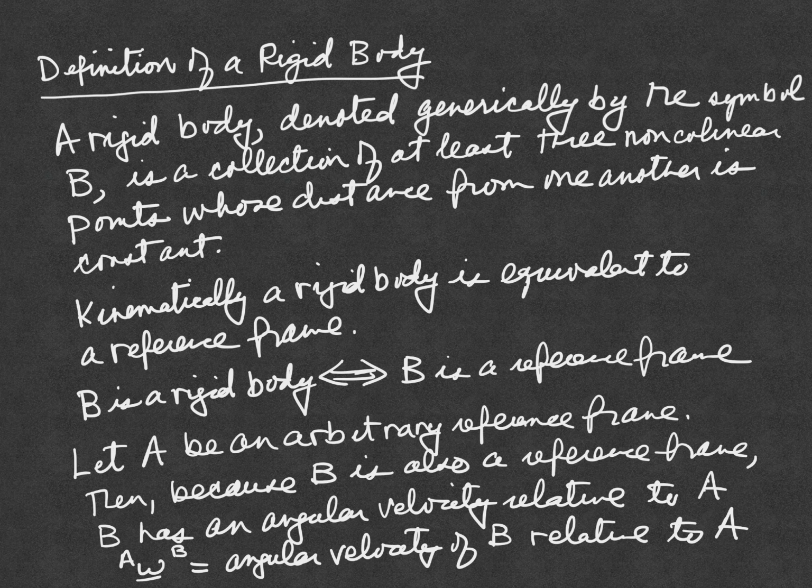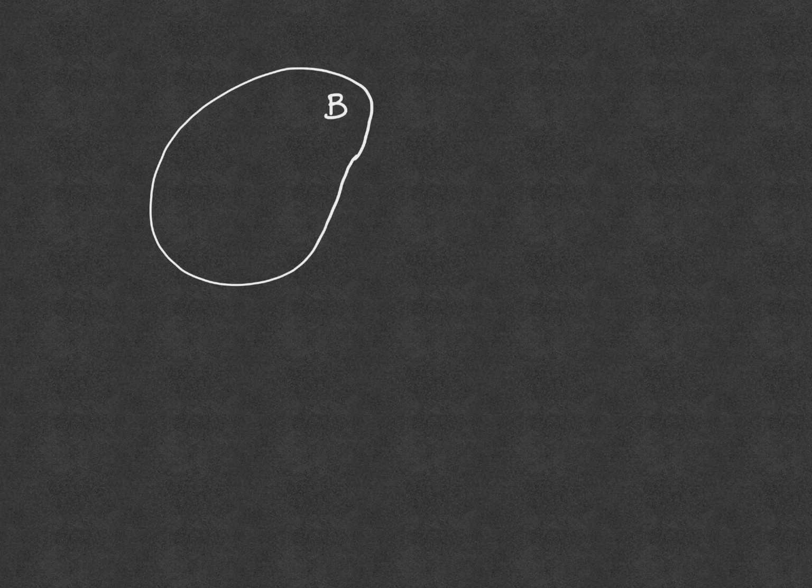Now we can use the fact that B is a reference frame and it moves or rotates relative to A to be able to define the next part, which is the velocity and acceleration between 2 points on the rigid body. So now let's start with the following picture. Suppose that B is my rigid body and I depict it as shown, and I have 2 points.